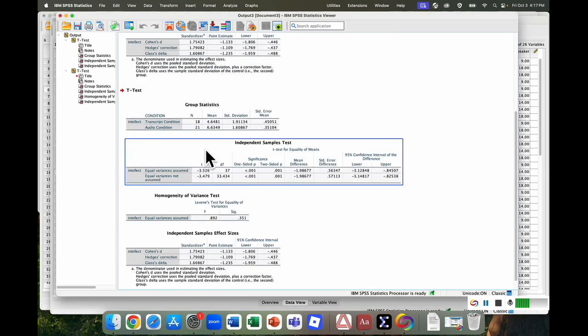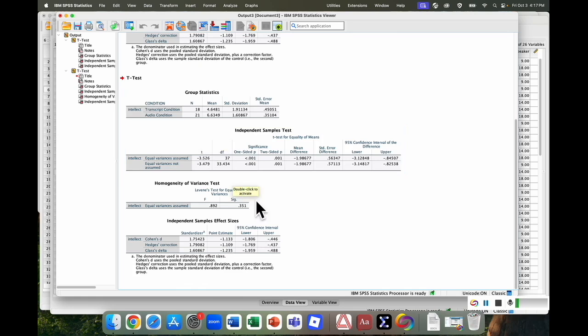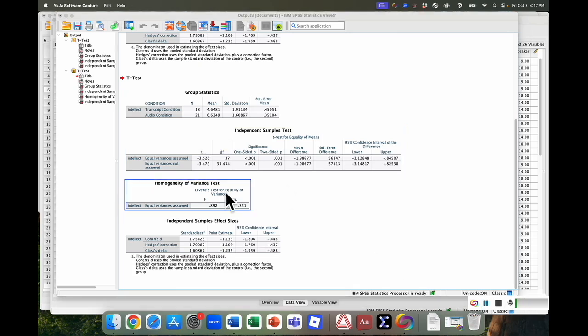And what we can see here when we're looking at the homogeneity of variances, what we're looking to see is if the variances are significantly different. Now we can see here that for this test, the value of 0.35 is well above a conventional significance level of 0.05. So based on that, we're going to say that they are not different.